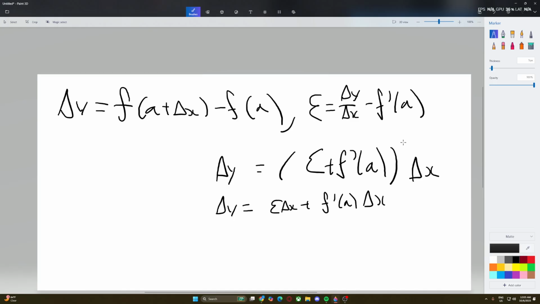So basically it's saying change in y is the difference between the average rate of change and the literal rate of change times the change in x.